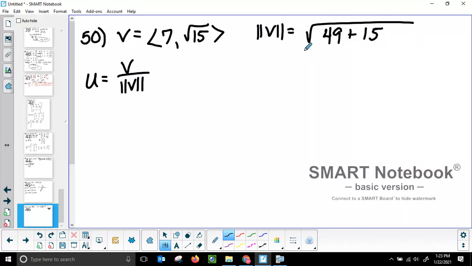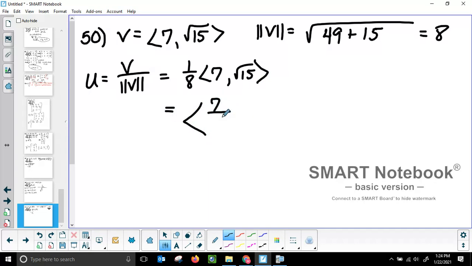So this is the square root of 64, which is 8. So now what I'm really doing is 1/8 times 7 and the square root of 15. So this will equal 7/8 and the square root of 15 over 8. Done.